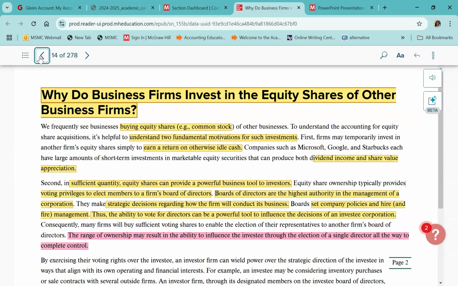So if we own less than 20% in another company, we will use the fair value method. And this is a very simple method. You've learned about this method in your intermediate accounting, also in the financial accounting 1050.